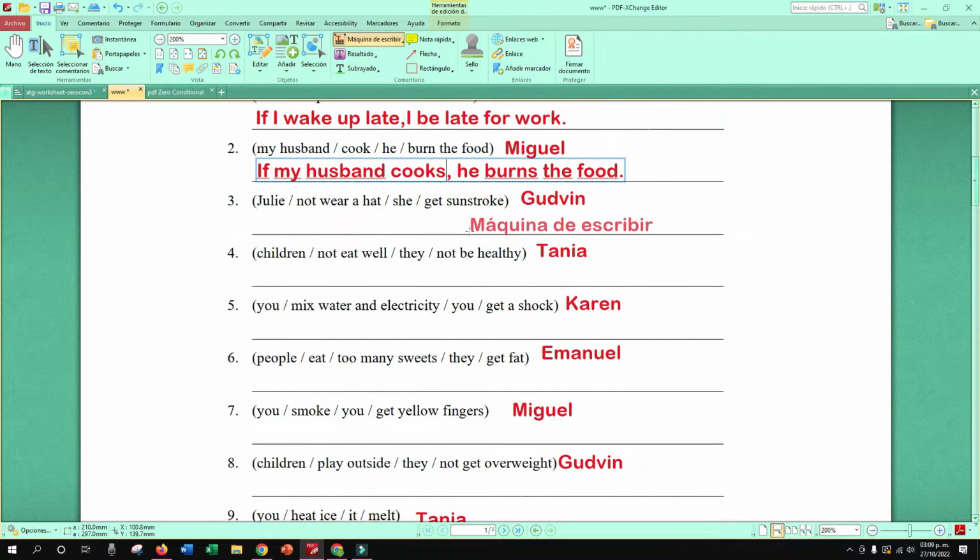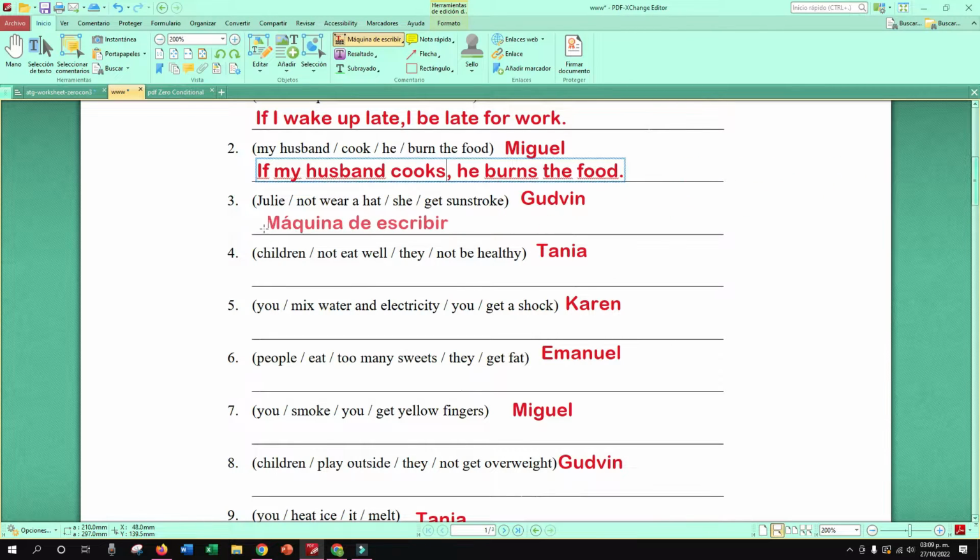If my husband cooks, he burns the food. Yes. The S, because that is third person. Recuerden que como es tercera persona y estamos utilizando ¿qué tiempo? Presente simple. Entonces, cuando ustedes tengan tercera persona, siempre agreguen la S, ¿verdad? A los verbos. Excellent.